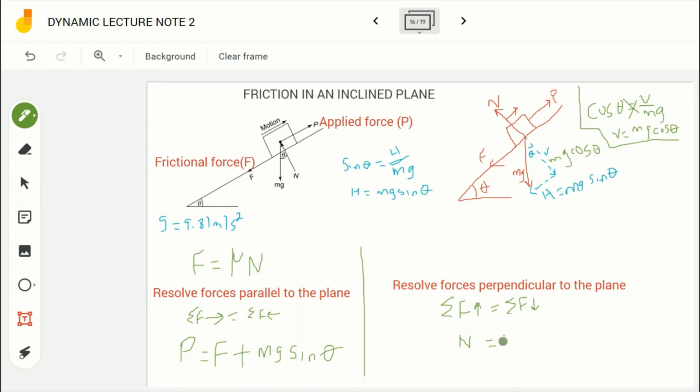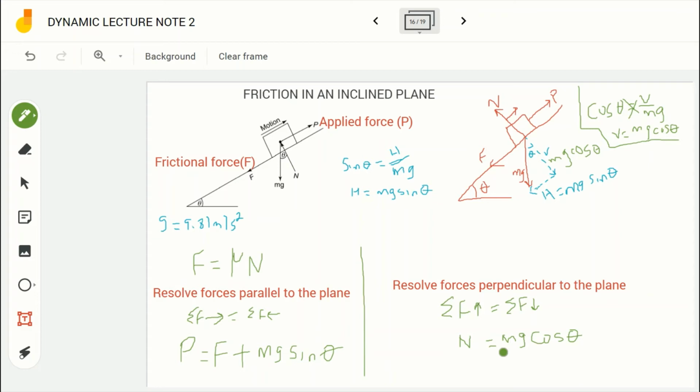So N equals mg cos theta. So these are the different ways we can solve friction in an inclined plane.